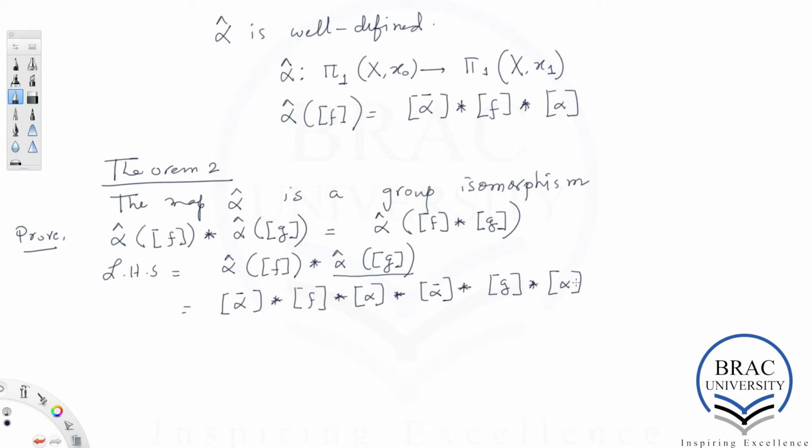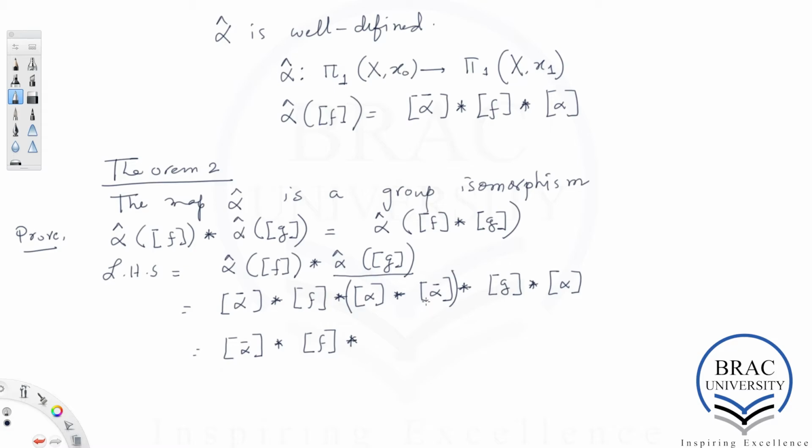Then by invoking associativity, we can take the product here first to have alpha bar star F star, what is alpha times alpha bar?